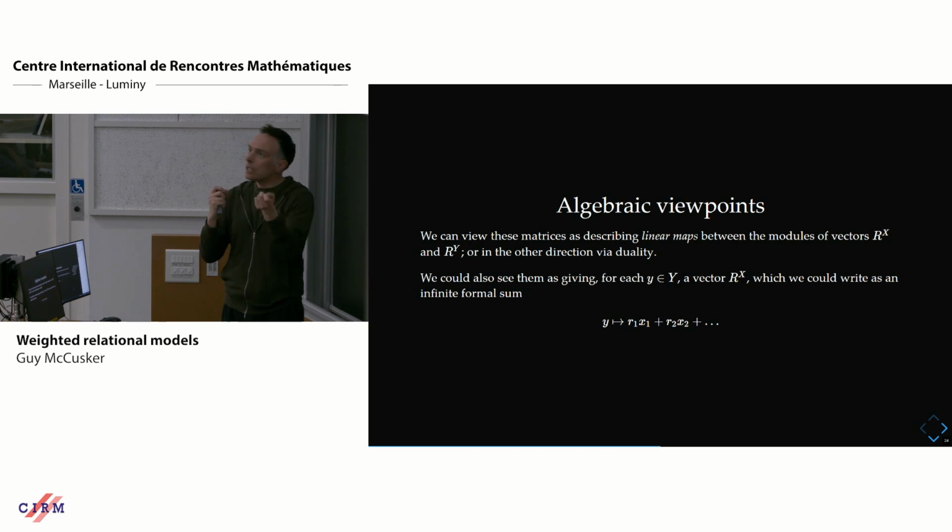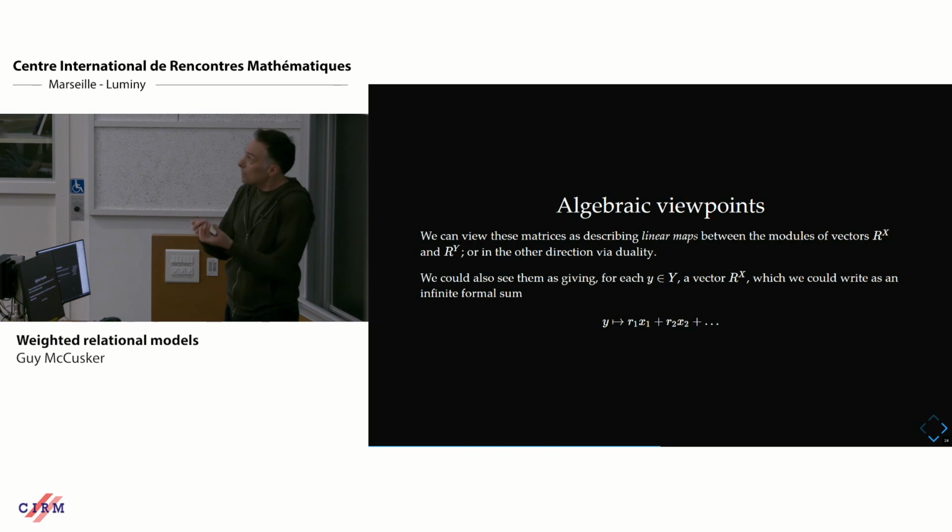And once you're looking at them as linear maps, you can view them simply as any old function from the basis elements to the vectors, right? So the basis elements on the right, if you like, to the vectors on the left. And I like to read these things from right to left. So we can see one of these morphisms as a function that gives us, for each possible output element y, a vector in r to the x, which we can write as a formal sum like this, a formal linear combination of the basis elements.